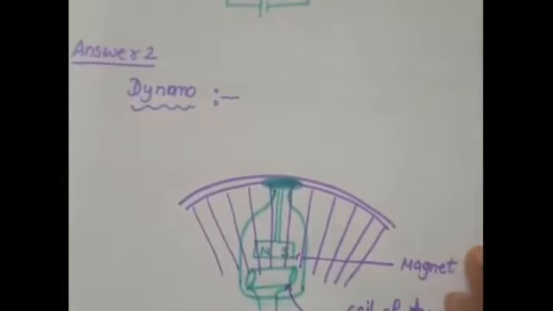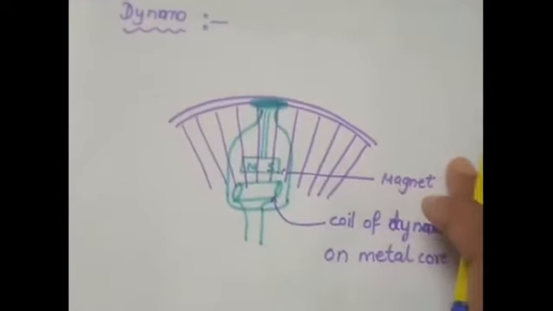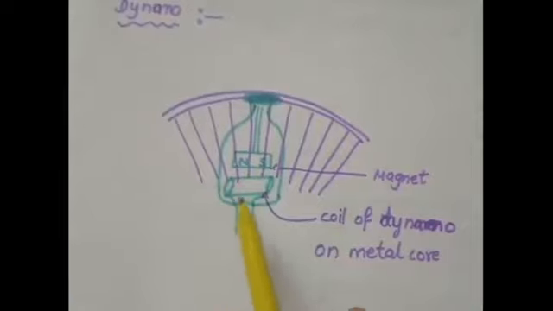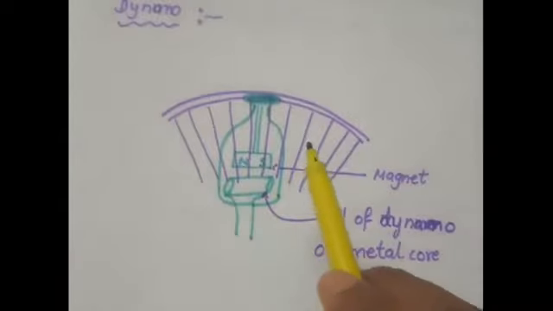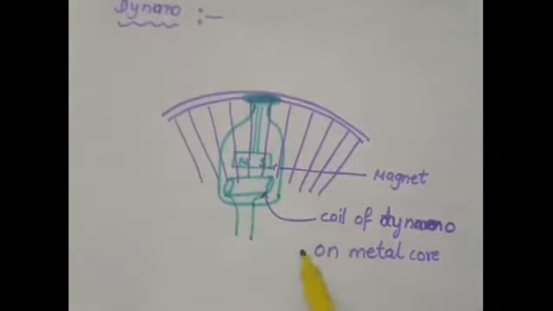The diagram of the dynamo which I have made here is a dynamo of a bicycle. You must have seen that many bicycles have a small lamp which glows when the bicycle is running, so in the night time the traveler can see the way.